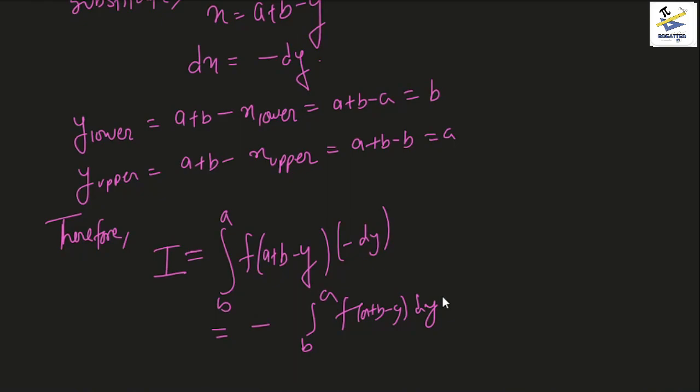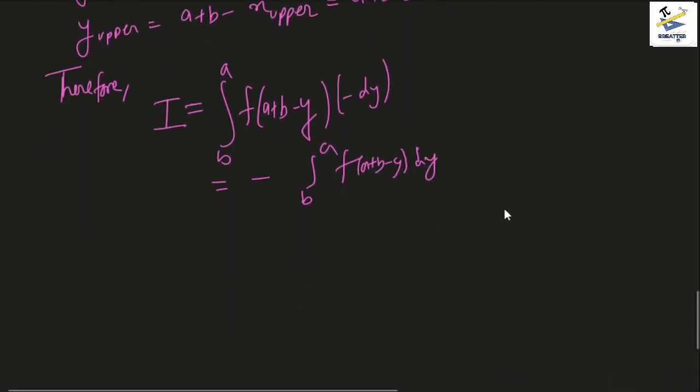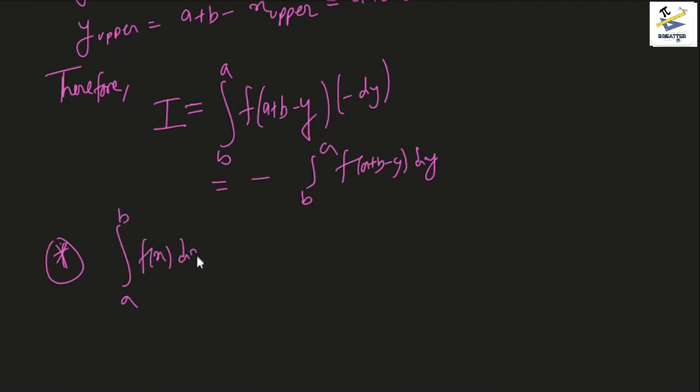Now there are two things that need to be known here, which I'm going to say. First of all, remember that the integral from a to b of f x dx is the same as minus the integral from b to a of f x dx.